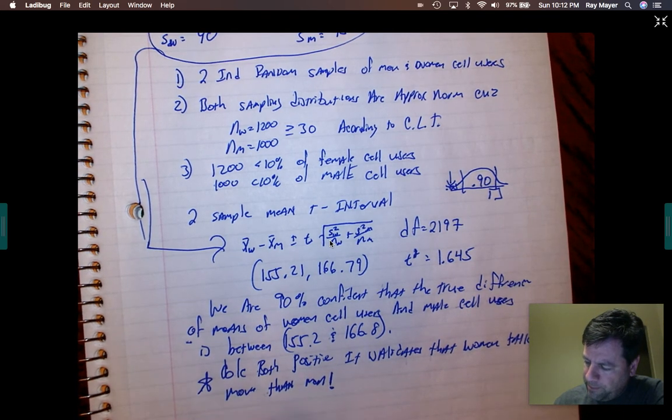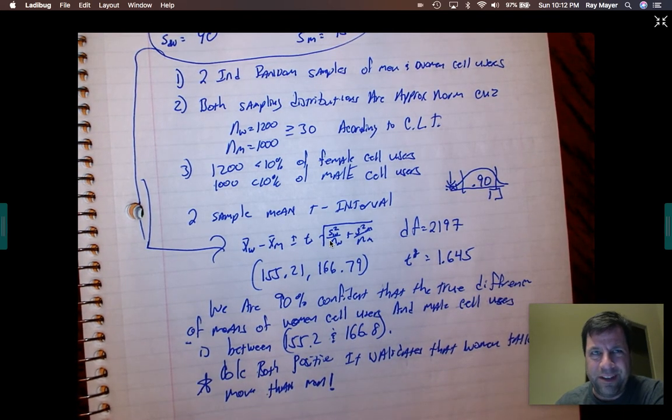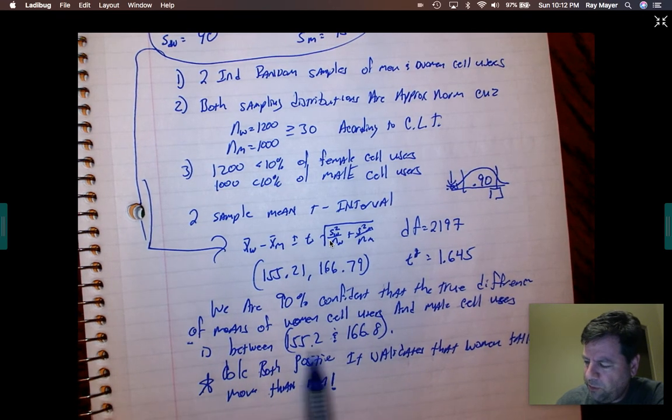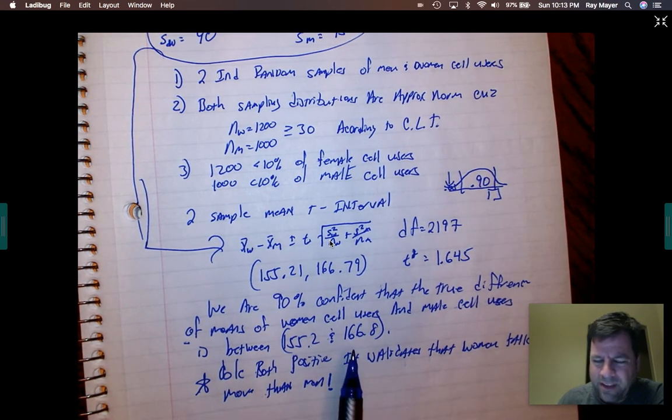This part, I don't know how much of that we need to say, but that's kind of what the question said. That's what it started off saying. It claimed that women talk more than men. And so I think you probably need to write this. This truly is what it says. If you told somebody that right there, that doesn't really explain what's going on.